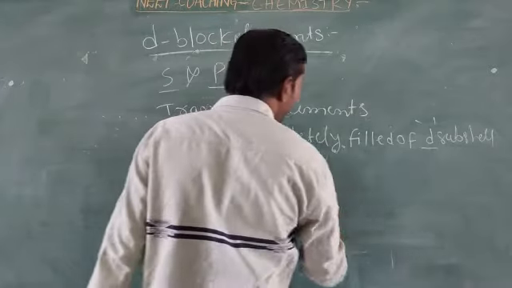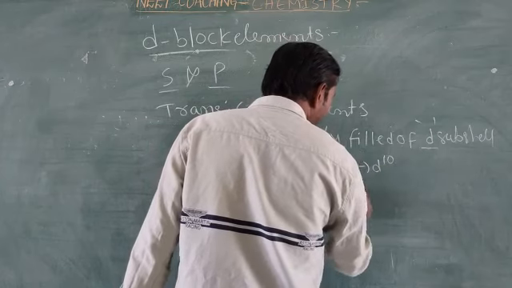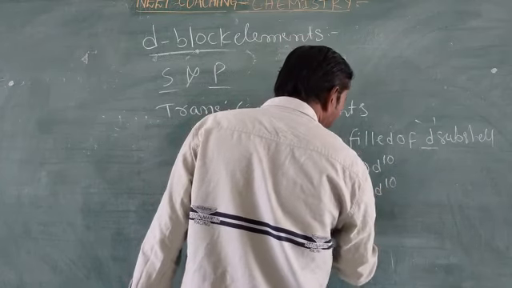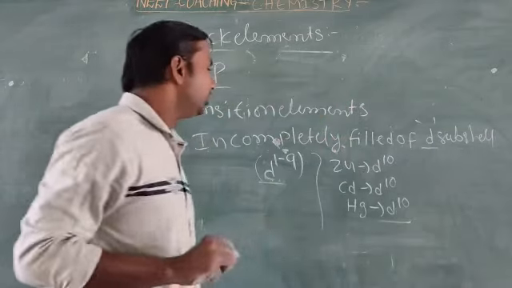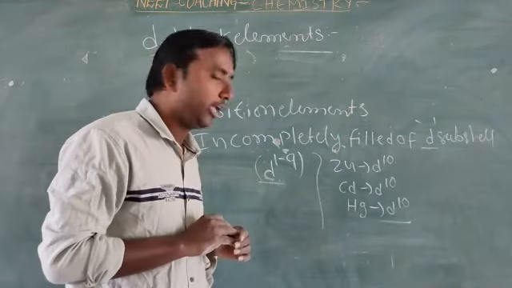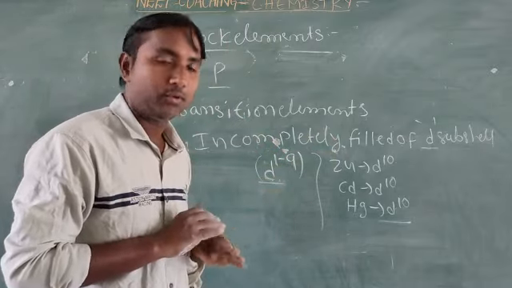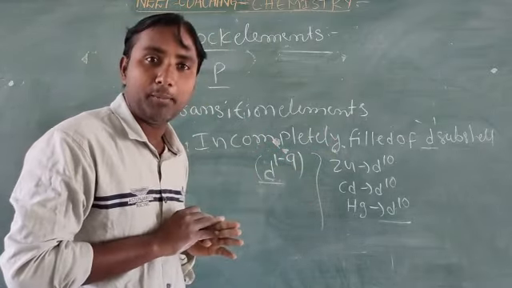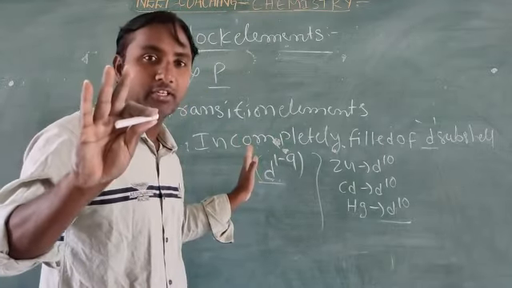For example, zinc d10, cadmium d10, mercury d10. So zinc, cadmium, mercury we cannot call transition elements. We only call them d block elements. Transition elements means d1 to 9 configuration only.